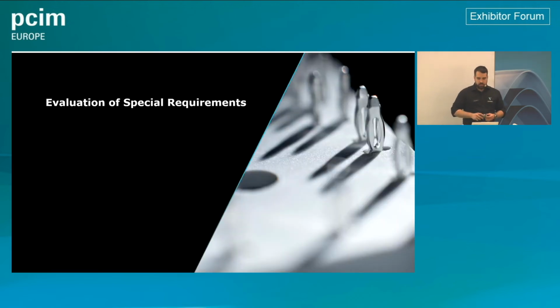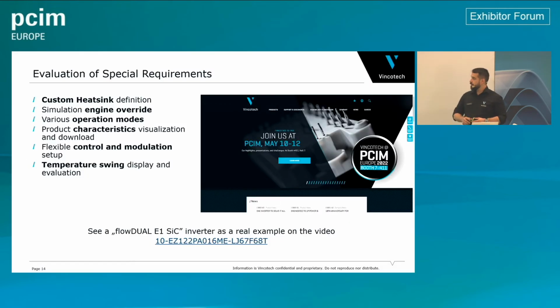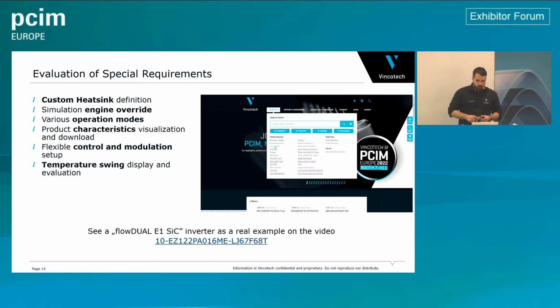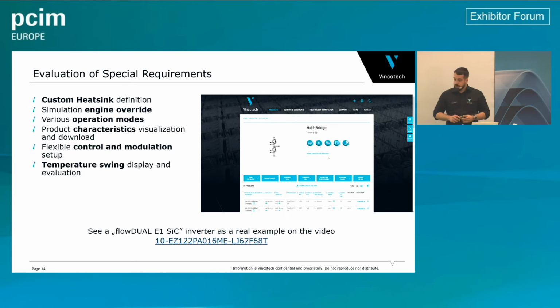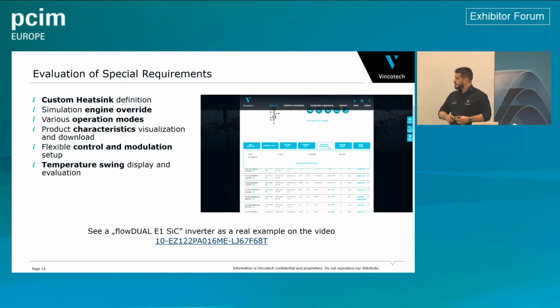If you have some special requirements, we offer any additional features with which you can evaluate this kind of stuff. So you have to open, of course, from our website, the required product. Now we are looking for a SiC-based half-bridge.